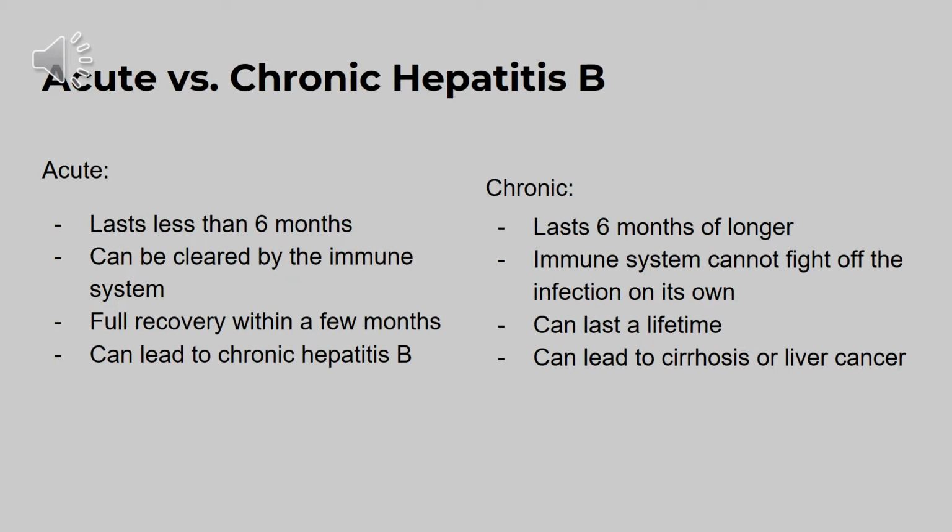If the body is not able to clear acute hepatitis B, it can lead to chronic Hep B. So chronic Hep B lasts 6 months or longer, and the immune system is not able to fight off the infection on its own. Treatment and therapies will need to also occur. Chronic Hep B can last a lifetime, and it can lead to liver damage, liver disease, liver cancer.